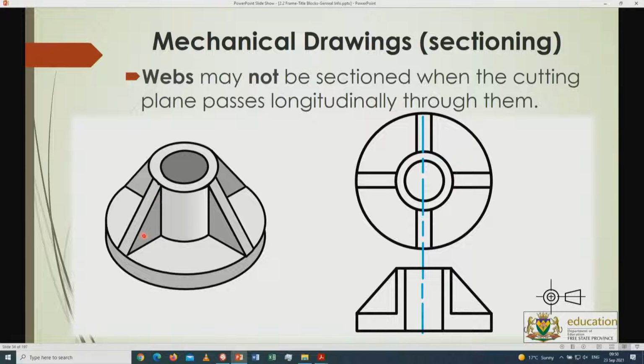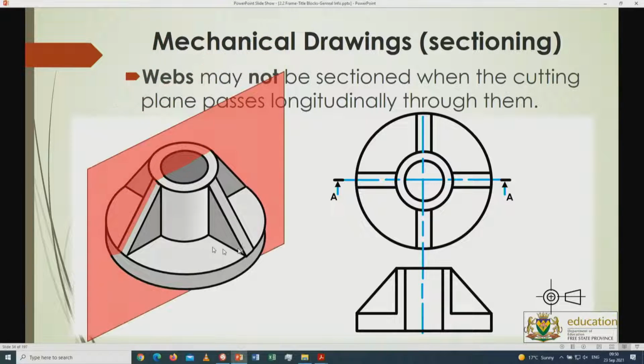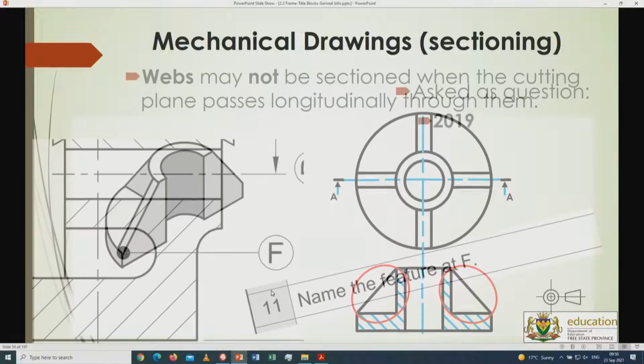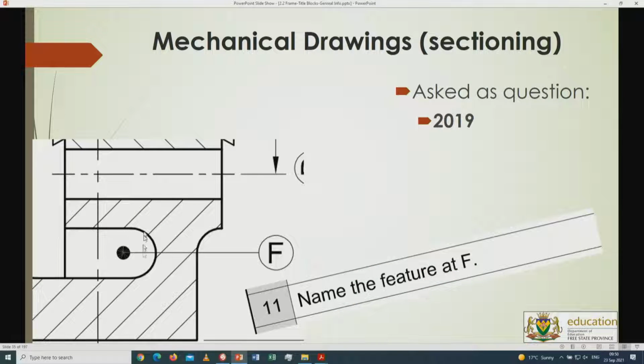Then of course you've got a rib or a web in terms of this part over here as well. So if I section this part over here on that specific line, it means that the front part will fall away, and that tells you to fence it off, no hatching applied at that area. So therefore that's a rib over there, that's a web or a rib. The answer was web or a rib.